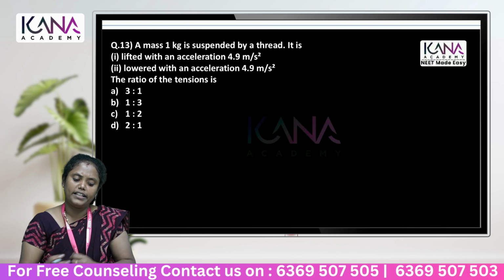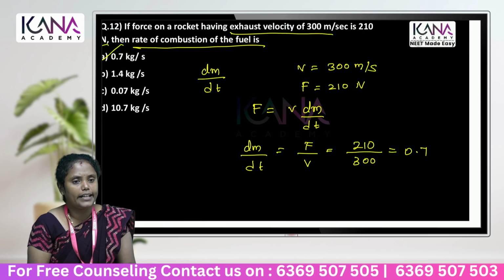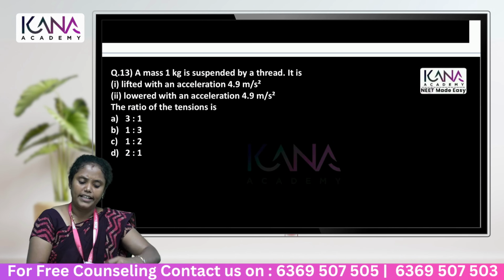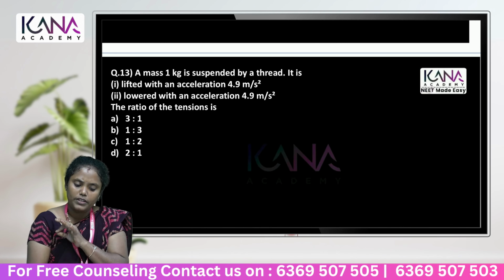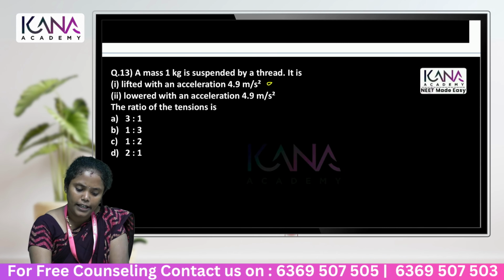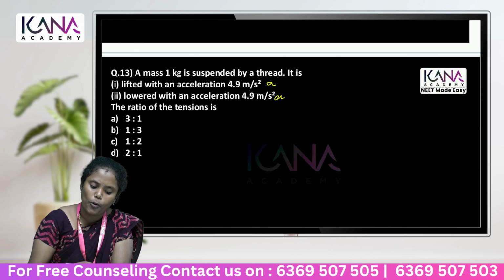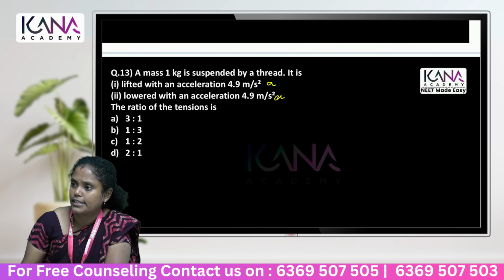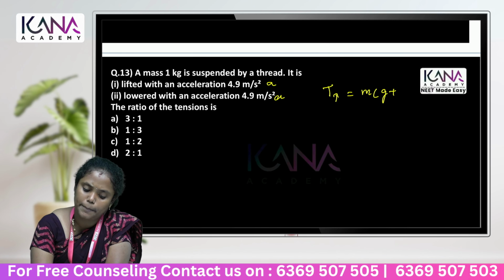A mass of 1 kg. Everyone done? Yes. Mass of 1 kg is suspended by a thread. It is lifted with an acceleration a as 4.9, lowered with an acceleration again a as 4.9. The ratio of the tensions is. So அப்போ first case-ல T up நம்ம என்ன எழுதுவோம்? m into g plus a.